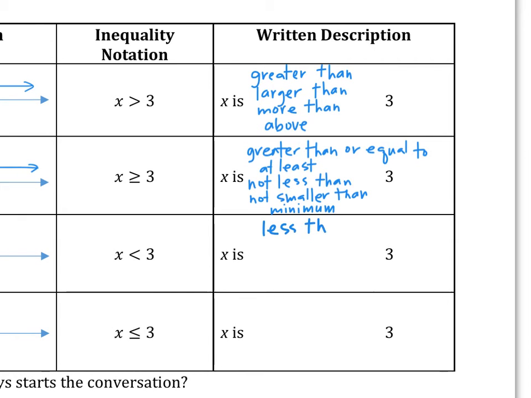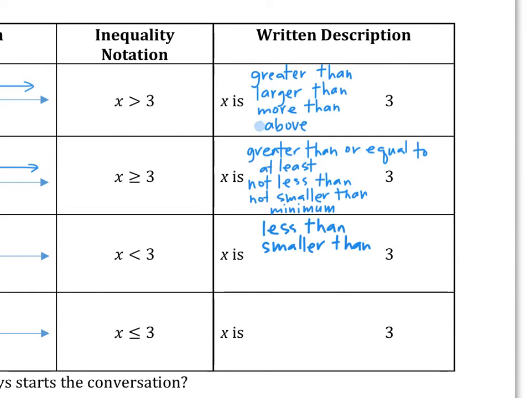X is less than 3. This is what we always say. Then what is the opposite of saying larger than? That would be smaller than. X is smaller than 3. What about more than? More than is kind of the same as greater than, so the opposite is less than, and we got that covered.